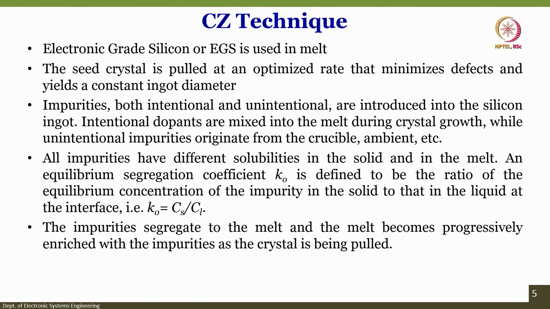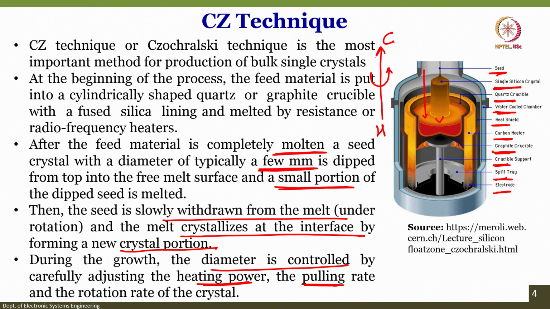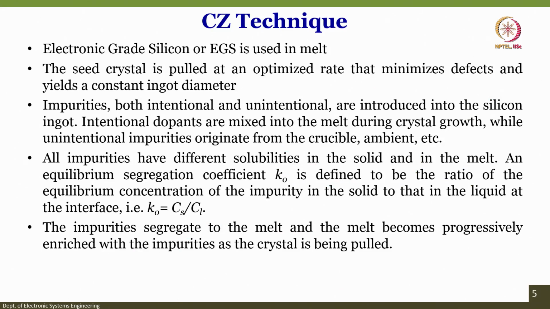The electronic grade silicon, or EGS in short form, is used in this melt, and what happens is that if you optimize this pulling rate and the speed, your defects would be minimum. Your contamination or the defects would be minimum, and you can have a constant ingot diameter.